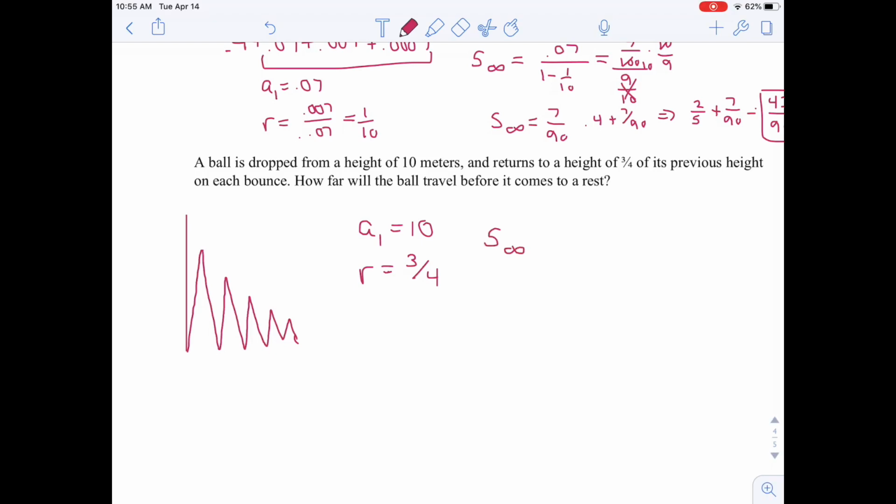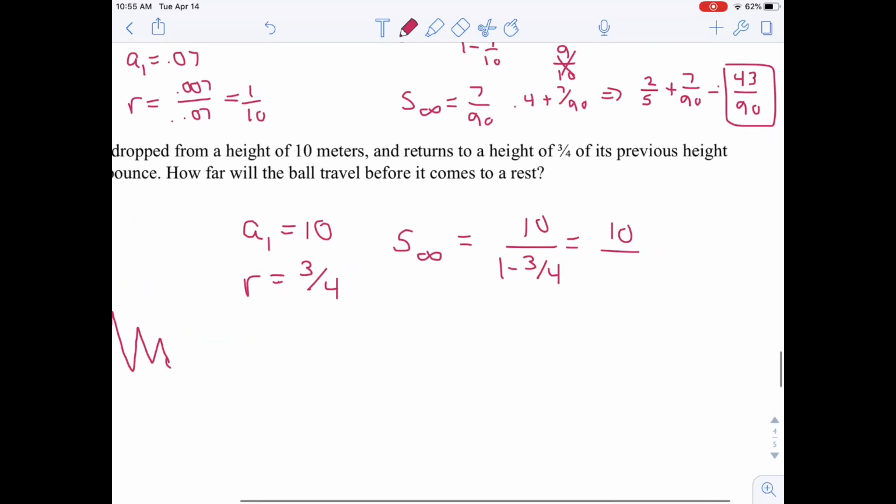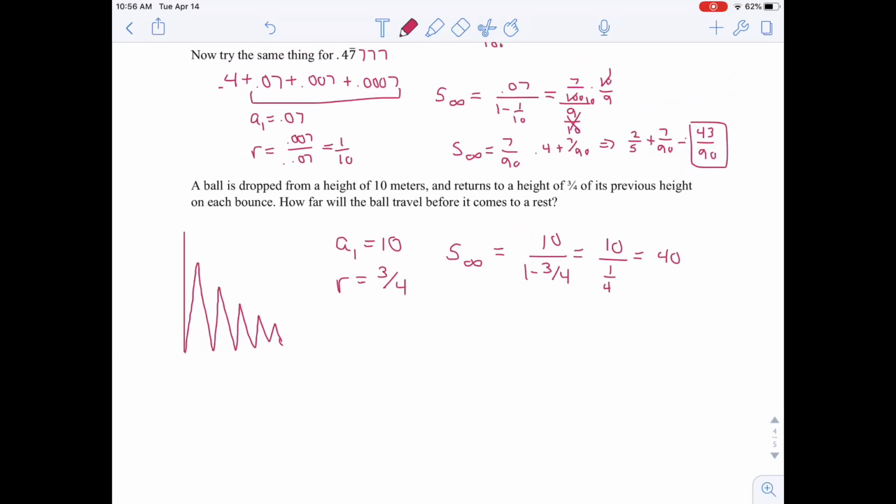So we want to look at what would be the sum of this sequence, where the first term is 10 and R is 3/4. So we end up with 10 over 1/4. Well, 10 divided by 1/4 is 40. And now that would be meters.